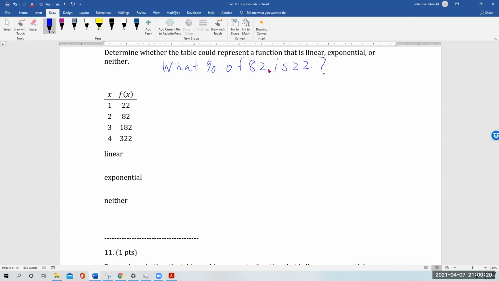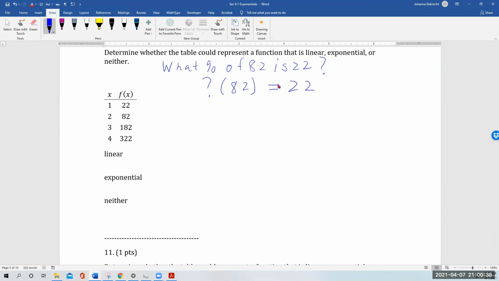To do a percentage problem, translate the words into mathematics. What percent means question mark. Of means multiply. Something times 82 is means equals, and then we have 22.